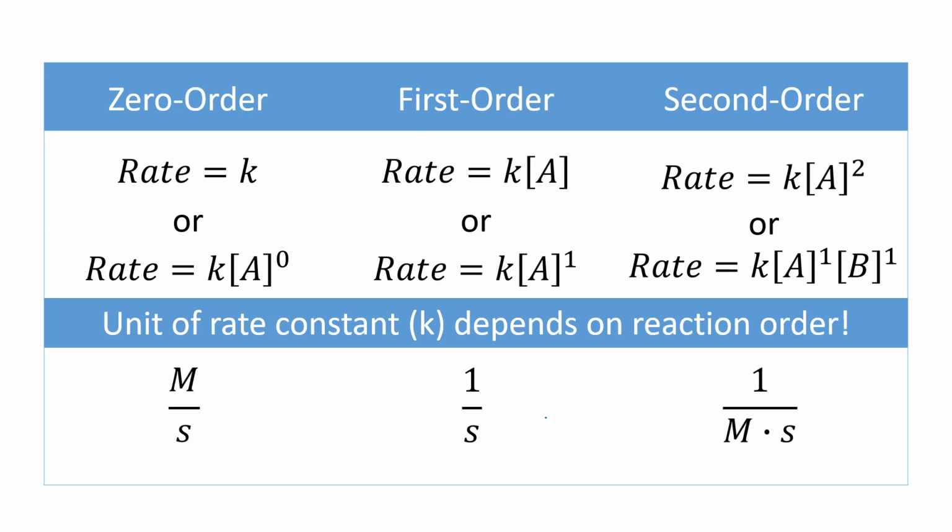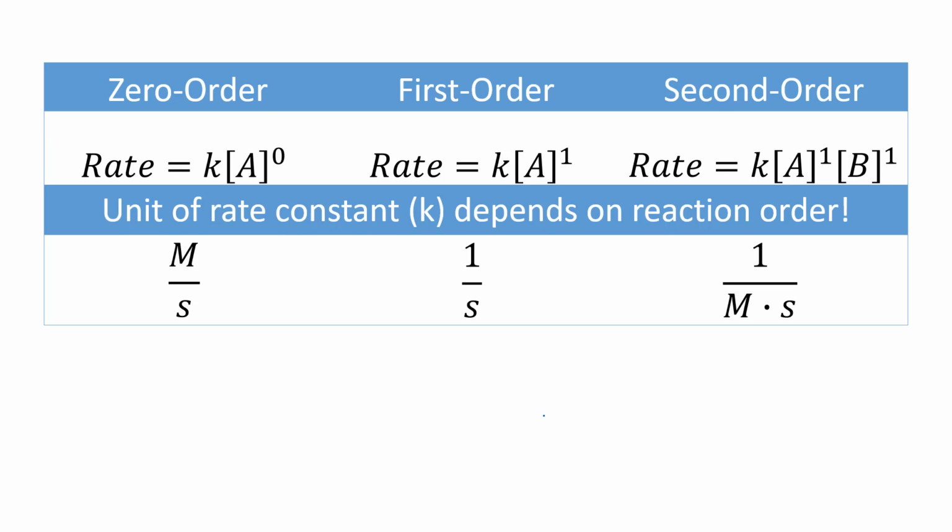All right, so let's look a little bit further then. Let's look at k. k is a constant, and so once again you find that experimentally, but k's units are going to depend upon the reaction order. What in the world do I mean by that? Well, let's look a little further. Rate is equal to concentration per time, so rate has units of molarity per time.